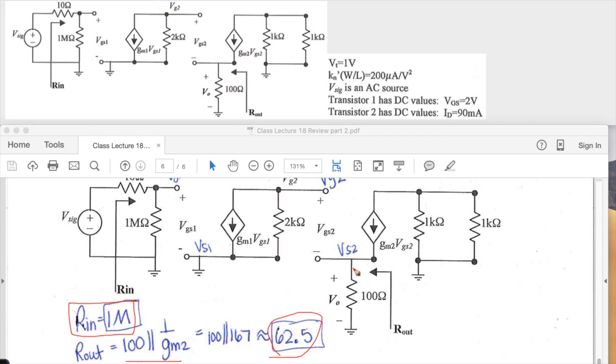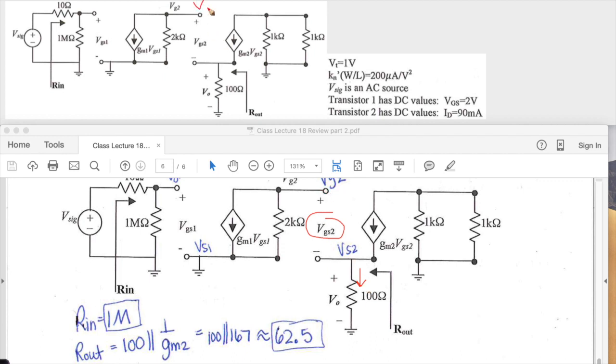Next, we want to find the value for Vout over Vsig, and in order to do that, we need an equation for Vout in terms of Vsig. Here we notice that all the current comes down and goes through this transistor, and VGS2 is going to be VG2 minus VS2.